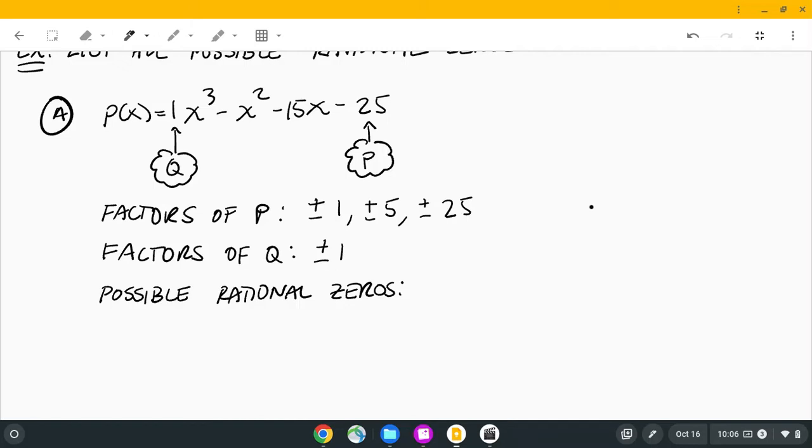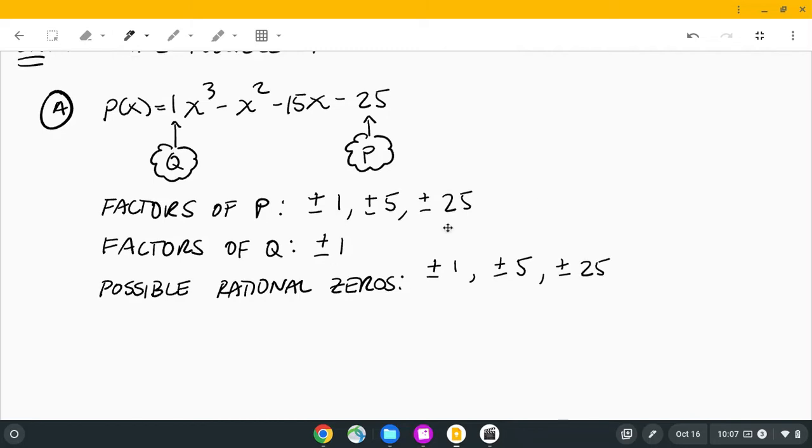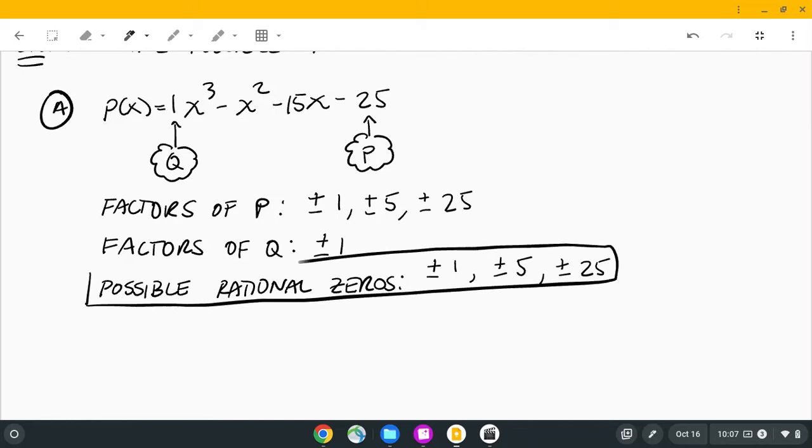So it's going to be positive, negative 1 over 1, but that's just 1. Positive and negative 5 over 1, that's just 5. Positive, negative 25 over 1, and that's just going to be positive, negative 25. Okay, so that's all you do. And so this here would be your final answer for this assignment.